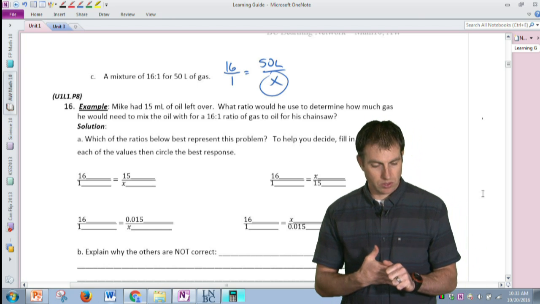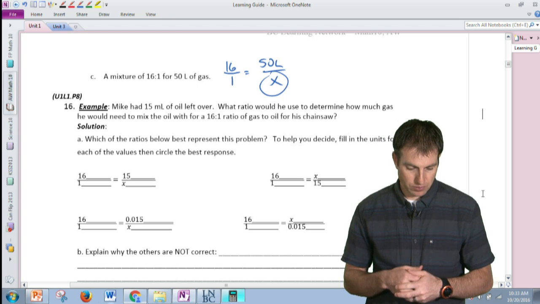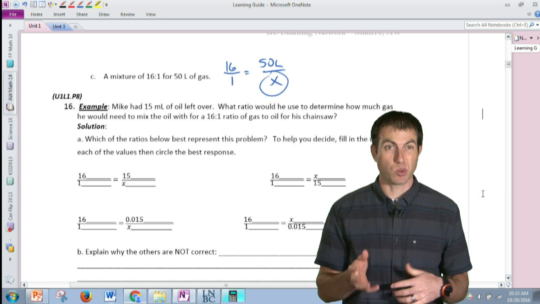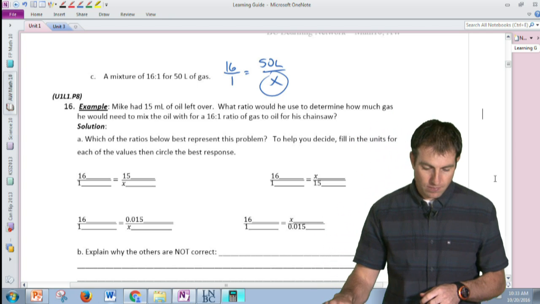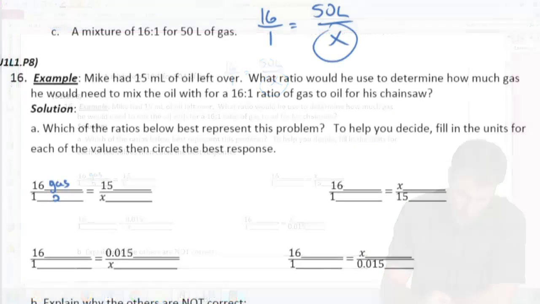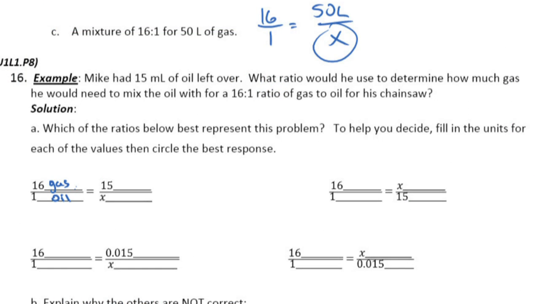So let's maybe just set this up. There's a bunch of things to help us get through it. It's kind of like which one's the right one. So 16 parts gas to 1 oil. And when we write these ratios, remember whatever's on the top needs to be gas.